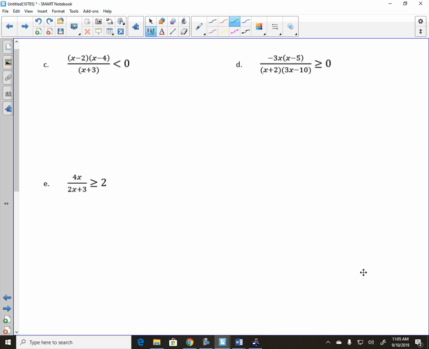What are my zeros here? 0, 5, 10/3. So I start with a negative 2, 0, 10/3, 5.